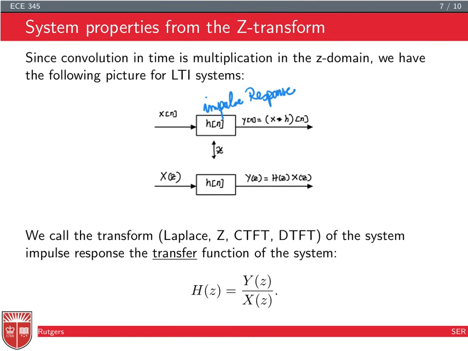And in the z domain, if the input has z transform x of z, then the output has a z transform y of z, which is h of z times x of z. Sorry, here there's also a typo, so this is supposed to be h of z here.